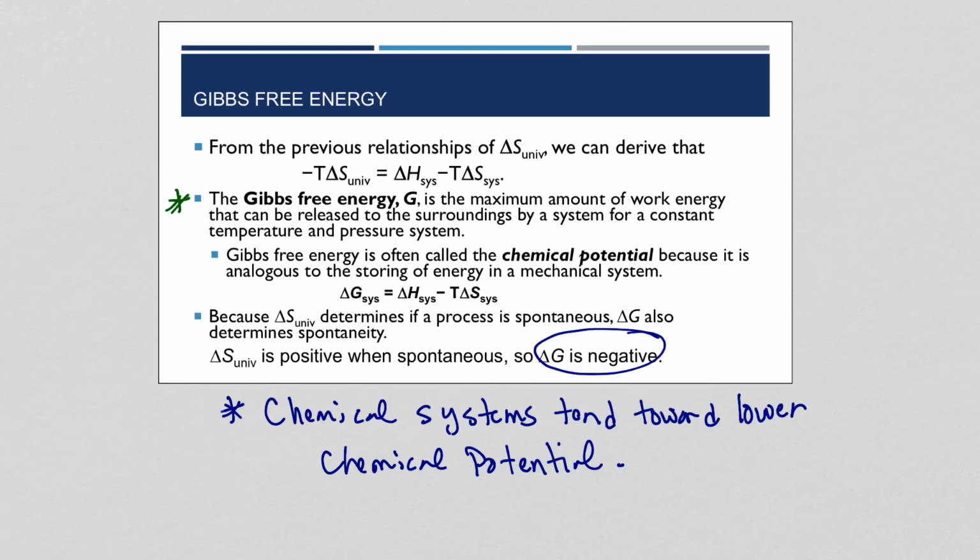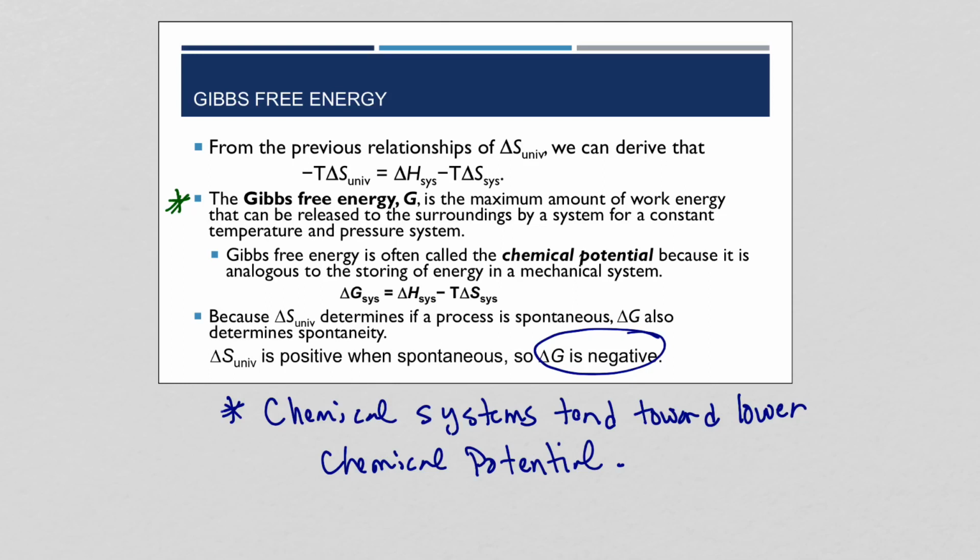It must have a decrease in potential energy, because just like the mechanical systems we're familiar with, which tend to move toward lower potential energy, something will drop if you let go of it, falling to lower potential energy. Chemical systems will tend toward lower chemical potential.